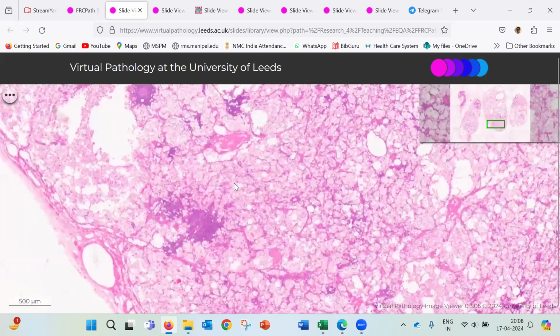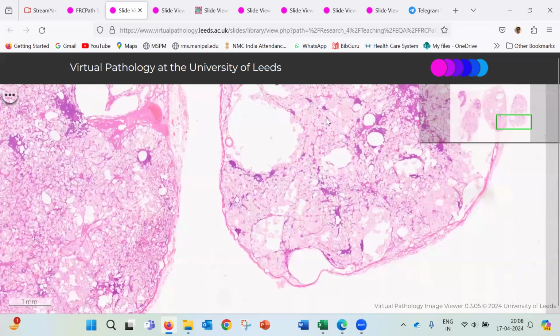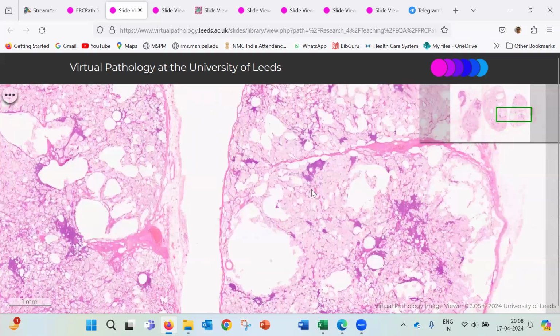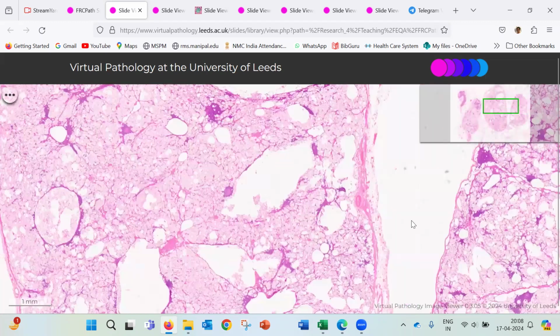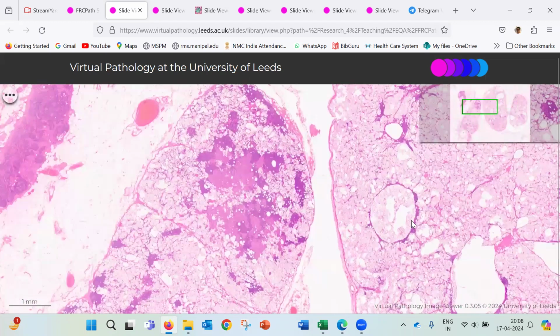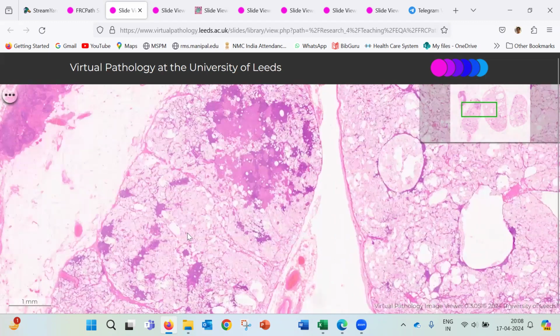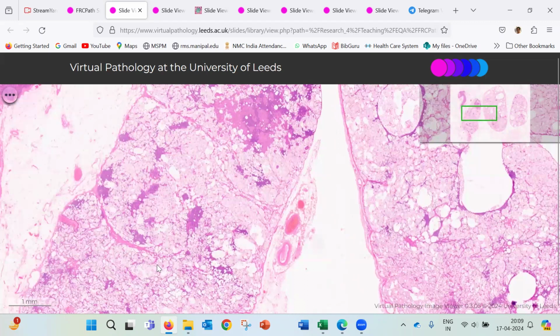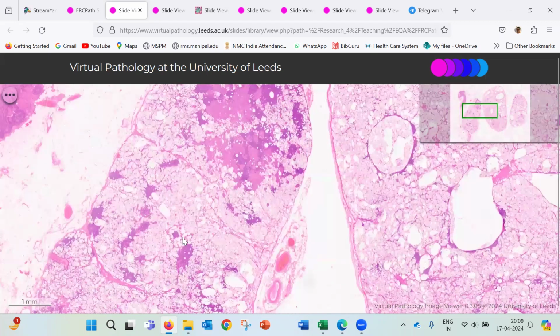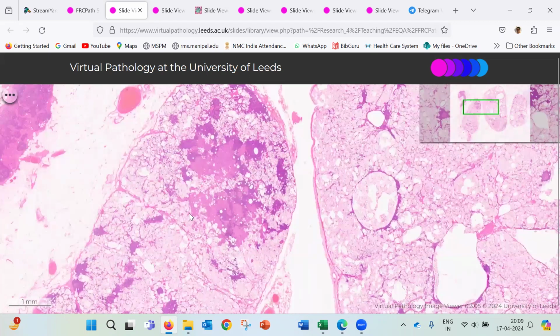Okay, so this is how you work up this case, and you can say that it is a metastatic lesion. So you need to do ER, PR and HER2 for prognostic and predictive purposes, particularly to say what the status is at present, so that they can give certain hormonal therapy, particularly for this case.